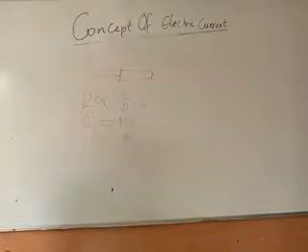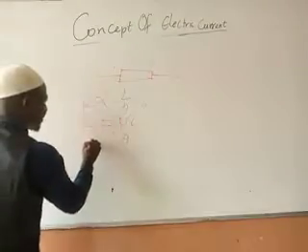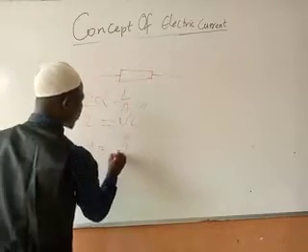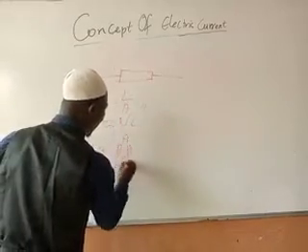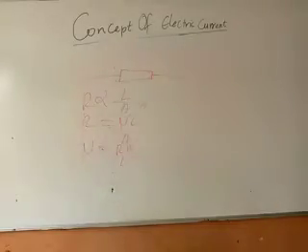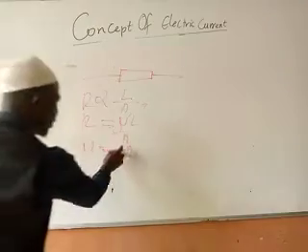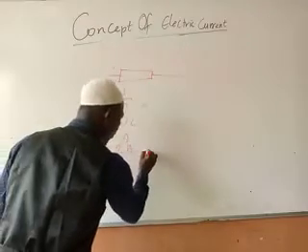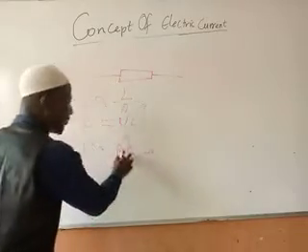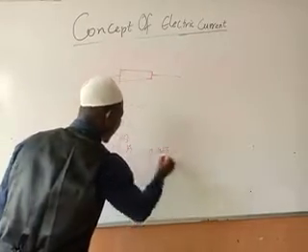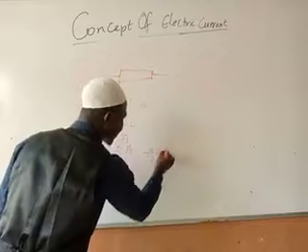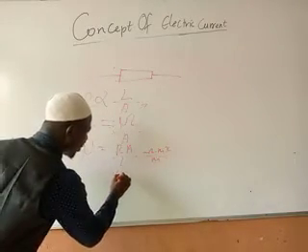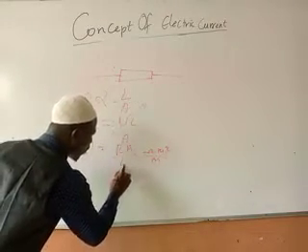When you make it the subject of formula, it means resistivity is equal to RA over L. So what will now be the unit of resistivity? Unit of resistance is ohm. Unit of area, meter squared. Unit of length, meter. This cancels this. Therefore, unit of resistivity is ohm meter.